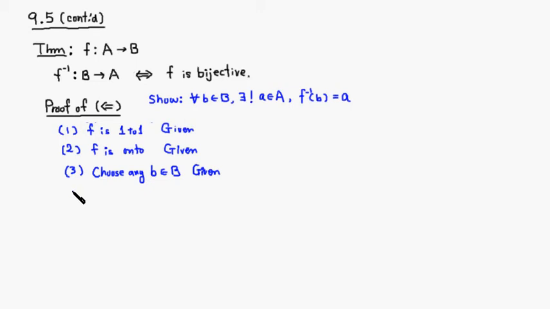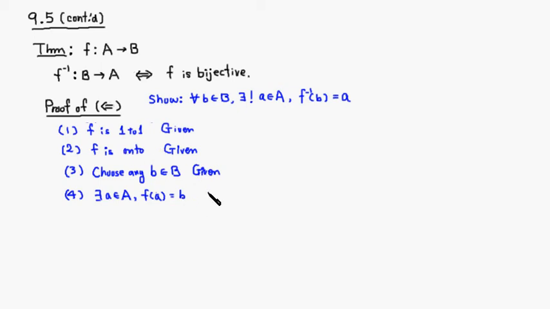But since we know that F is onto, right, there exists at least one A in A such that F of A is equal to B, right?